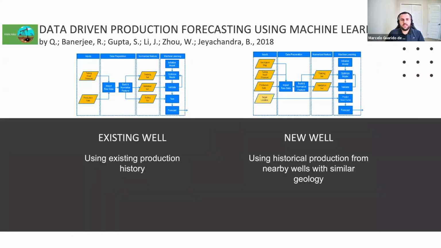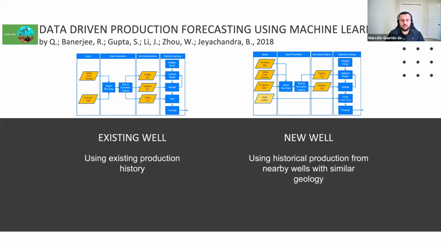Another one for decision making is Data-Driven Production Forecasting Using Machine Learning by Banerjee and others in 2018. So what they are doing here, they are using production information from a well that's producing oil and gas, and trying to predict how the production for those wells is going to be in the future.